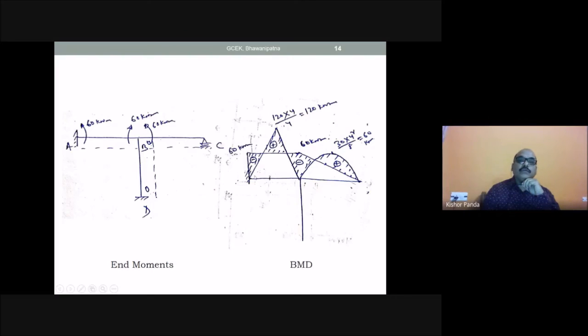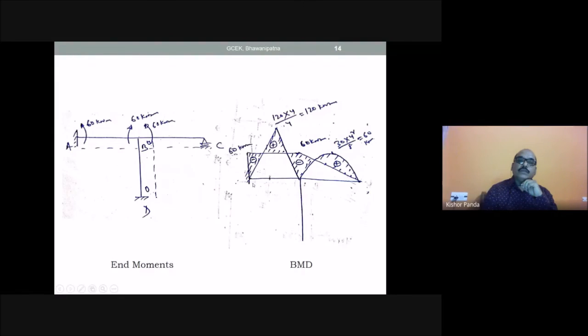Then you have to draw the free BMD. Here this is a triangle, due to the loading. The free BMD here is WL/4, 120 kilonewton meter, the maximum positive moment. Similarly, here the free bending moment diagram is parabolic, and the maximum positive moment is WL²/8, which is 60 kilonewton meter.